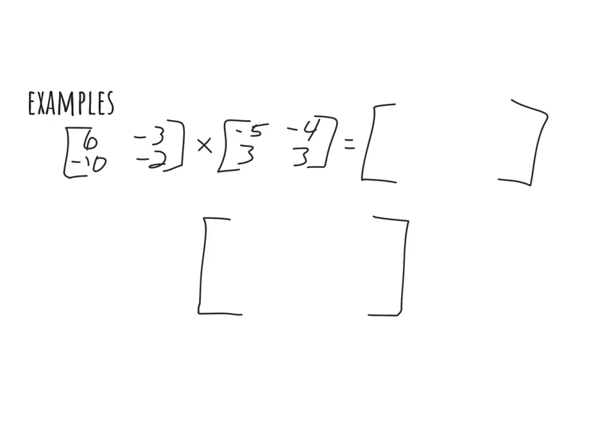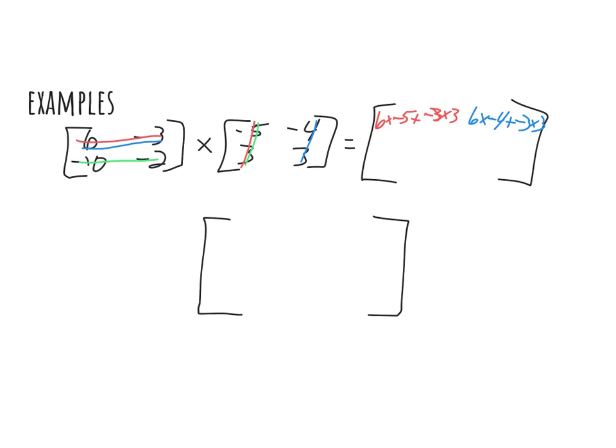So here's our first example. We've got these two matrices we're going to multiply together. Again, we take the first row times the first column. I'm going to take 6 times negative 5, and I'm going to add to that negative 3 times 3. And that's going to go in the first row, first column spot. Then row 1 times column 2, so I'll have 6 times negative 4, and I'm going to add to that negative 3 times 3.